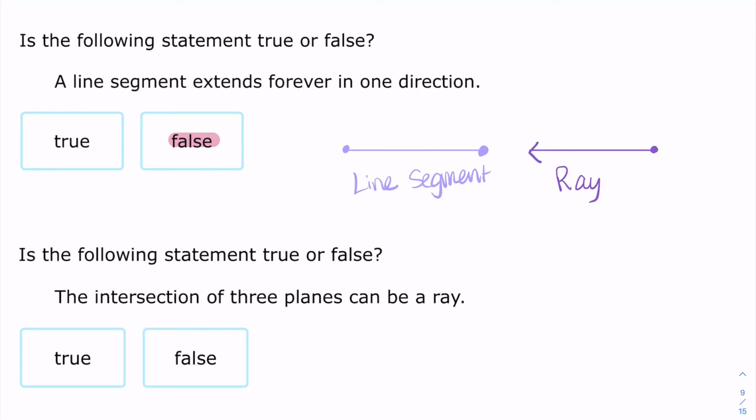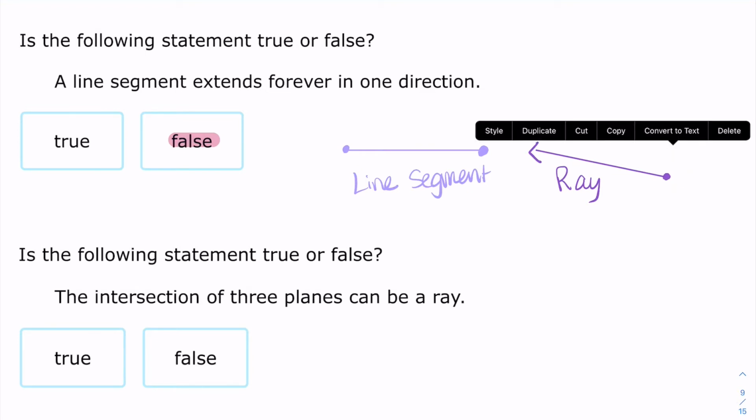Our ray goes on forever in one direction, but a line segment does not. I can manipulate this and move it around so it looks different.